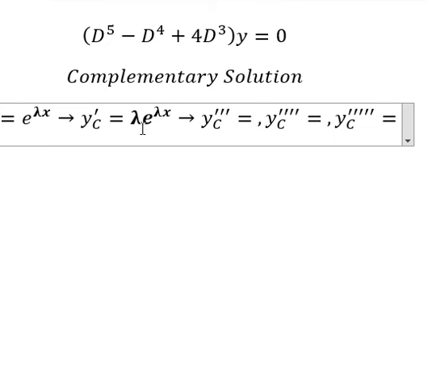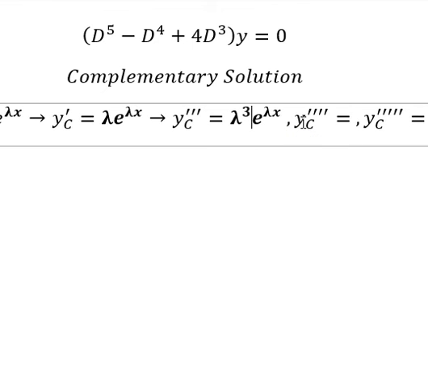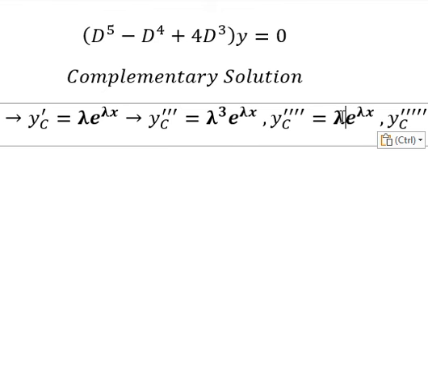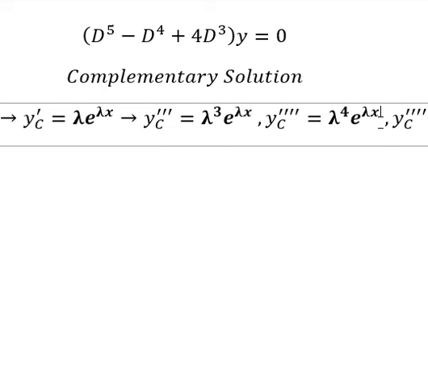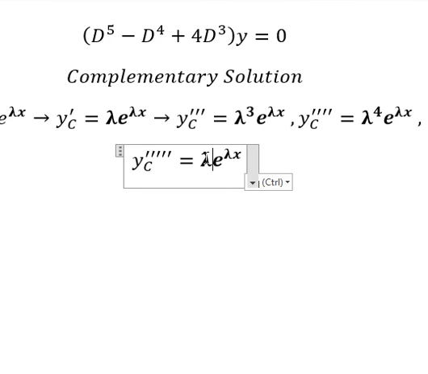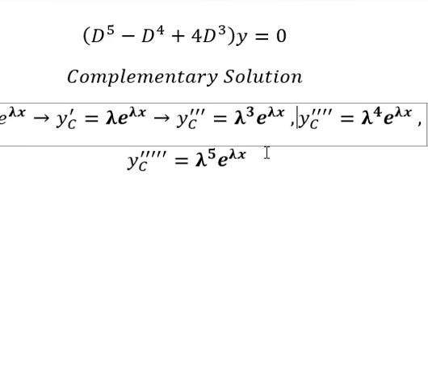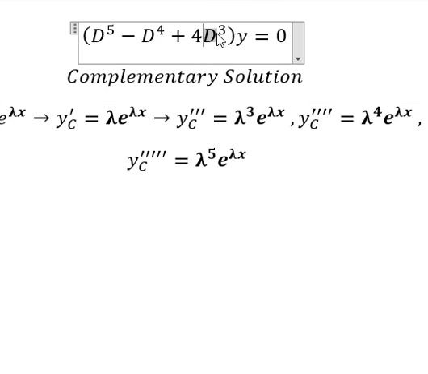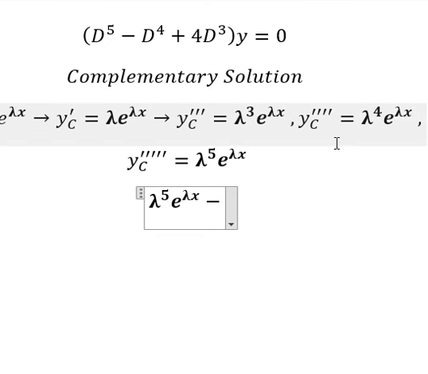So we will have like this. Now I will put this one gone here, this one gone here, and this one gone here. And now we have the final answer.